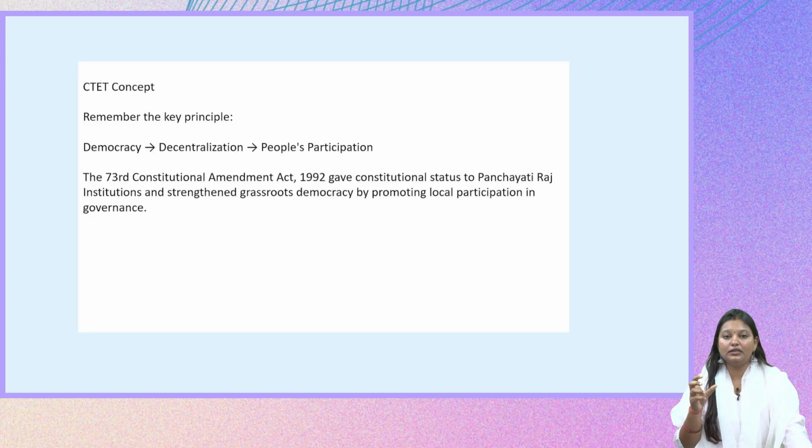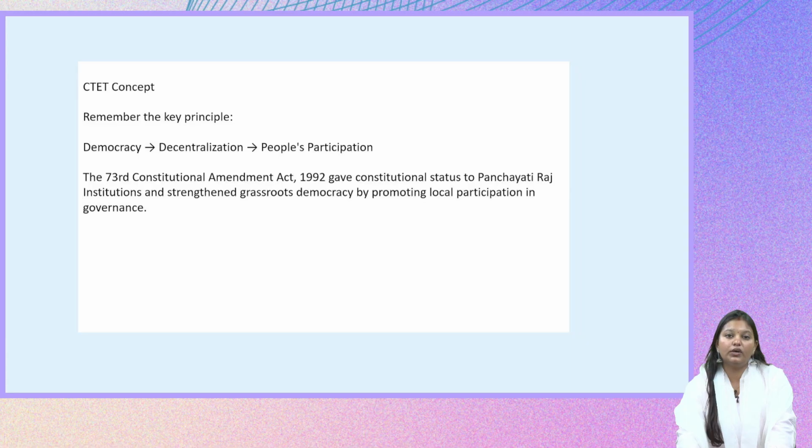The 73rd Constitutional Amendment Act in 1992 gave constitutional status to Panchayati Raj institutions, and they have strengthened grassroots democracy by promoting local participation in governance. This is one of the key points that you need to remember.